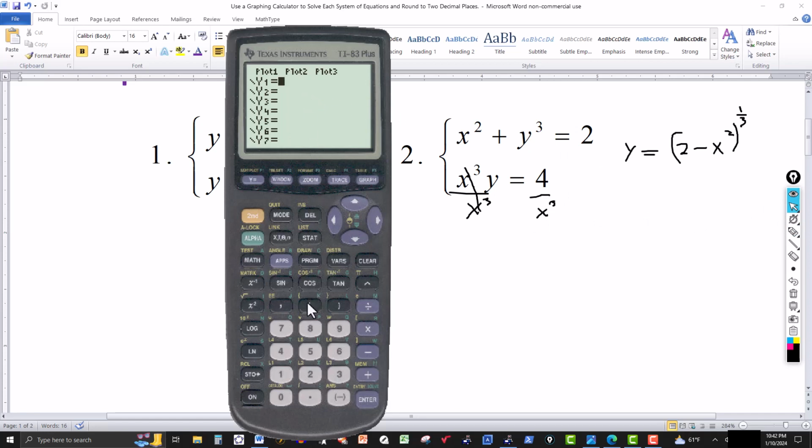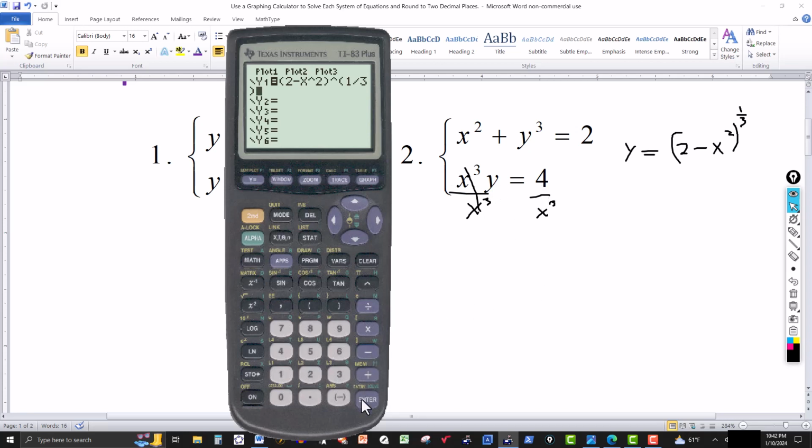So let's enter it here then. This will be your y1 here, and this will be y2. This will give me a 2 minus x squared, and close parentheses here, and this will be taken to the 1/3 power. Again, I put this in parentheses. And then the next one, the y2 here, will be 4 over x to the third.